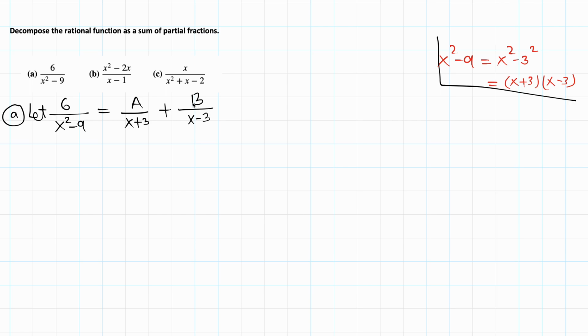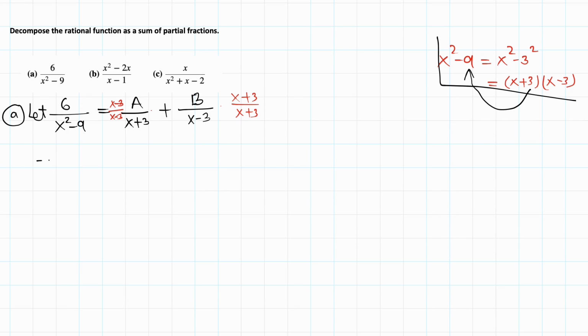For that we multiply the second fraction by x plus 3 over x plus 3, and here we multiply by x minus 3 over x minus 3. That way the common denominator is just x minus 3 times x plus 3, which is when we multiply, we get back to the original.